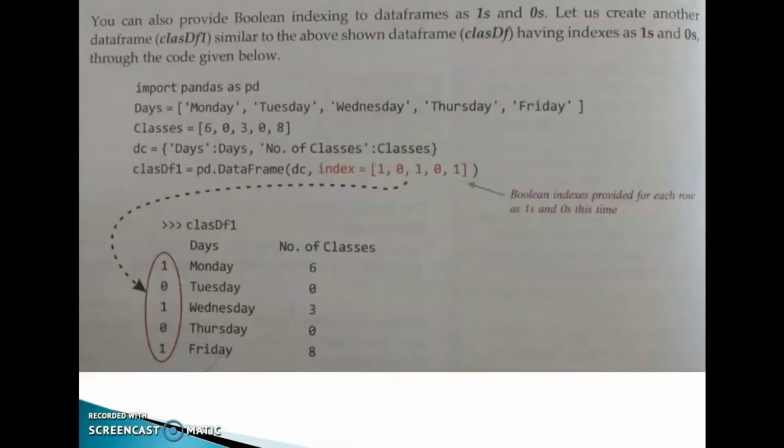Then next one, instead of true or false, we can use ones and zeros. How to use that? For that, we can use import pandas as pd. Days is equal to this one. Classes is equal to this one. dc is equal to days, values days, number of classes colon classes. class_df1 is equal to pd.DataFrame(dc, index=[1, 0, 1, 0, 1]).